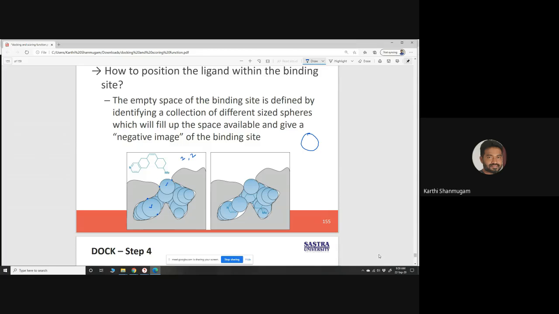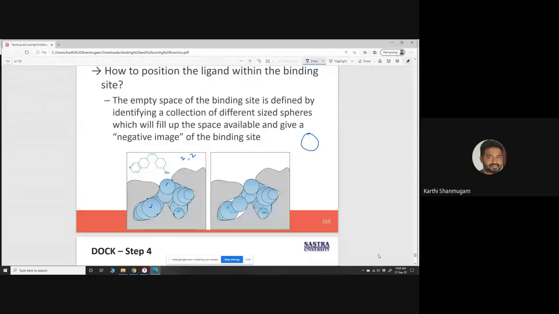Do you agree that all the spheres kept inside the binding site to fill the binding site area make contact only at two positions? If I take the third one, for example, it is making contact at this position and this position, right?